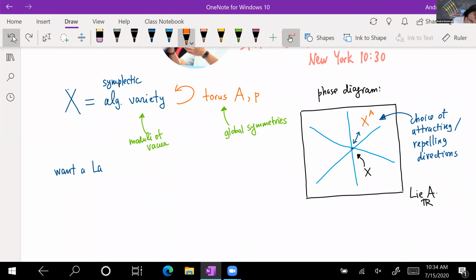And so the fixed loci are ordered by being in the closure of the attracting set of another, and it's an exercise that if I have an action of a torus or any reductive group on a projective space, and any subvariety of that projective space, then this is actually a partial order.